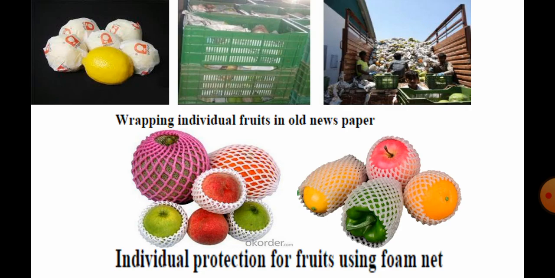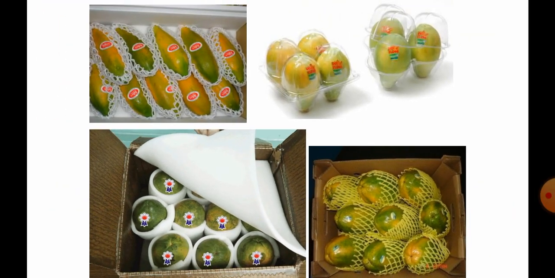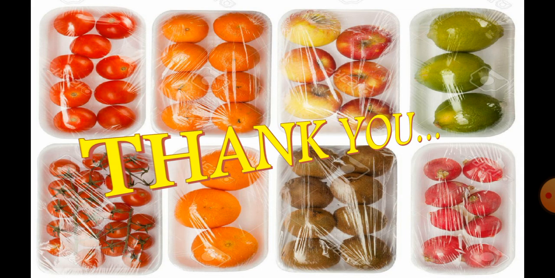That's why bruising is avoided and respiration and transpiration losses are minimum. That's why different cushioning materials are used. Just like this, these different individual wrapping or cushioning materials are used. Just like in the images also, when we place the individual fruits, the fruit is not bruised and its quality will be maintained for a longer time.